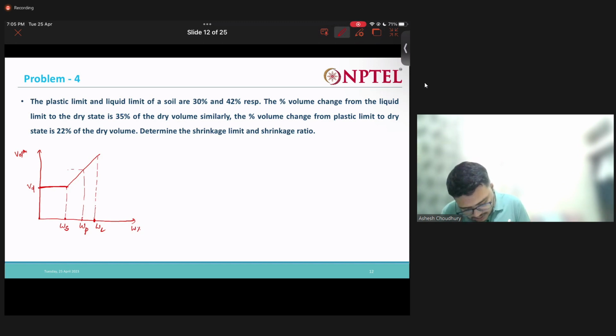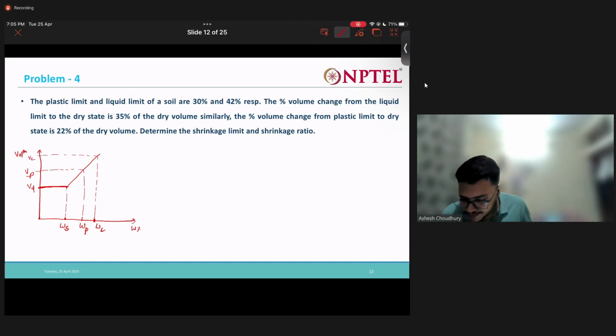So this we can write as the volume at plastic limit, and this we can write as the volume at liquid limit.